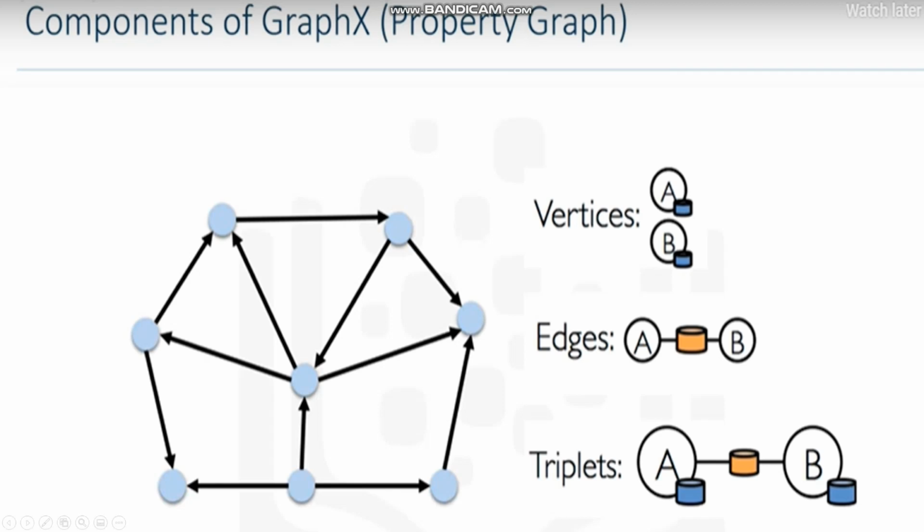Each vertex has a specific name, a specific ID, and specific details that are completely different from each other. Then in the graph we have the arrows.